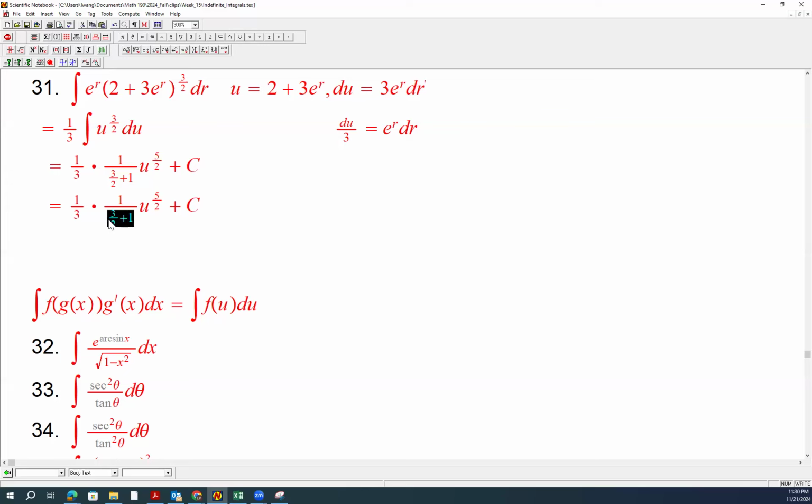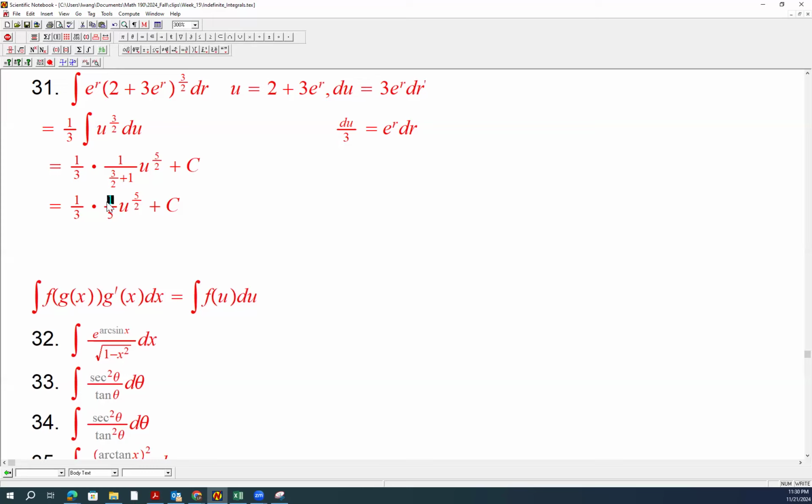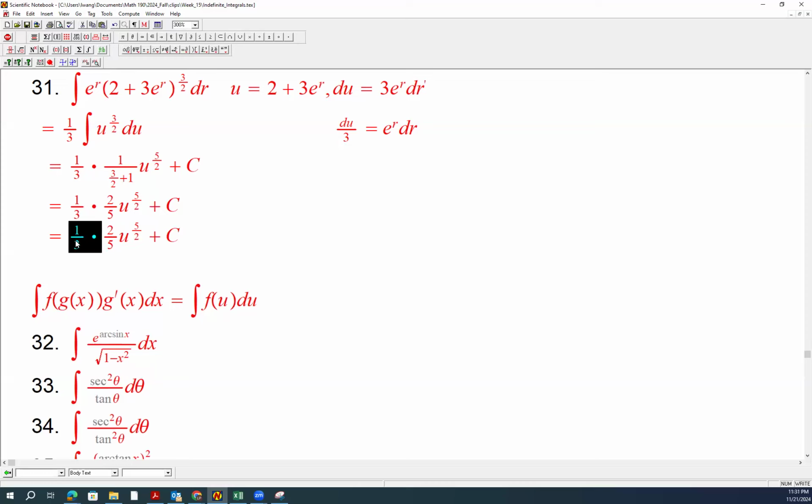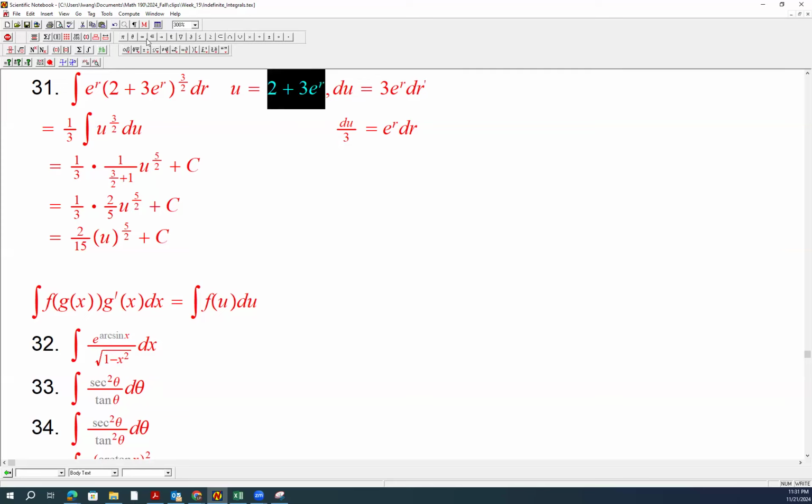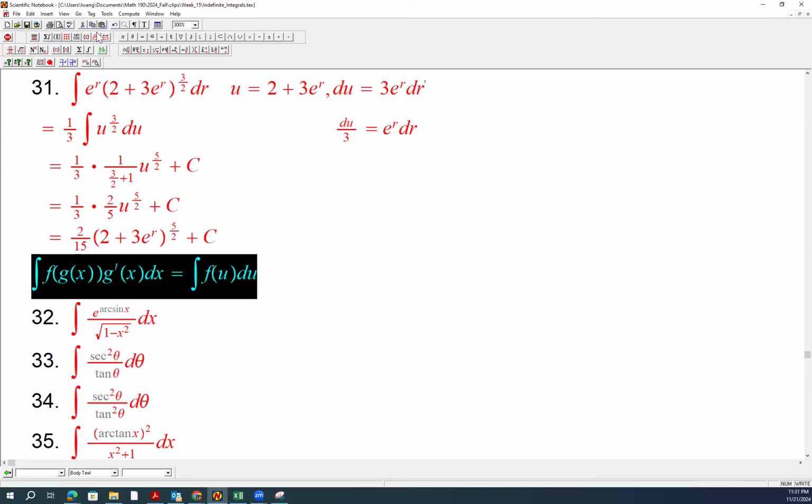So this is going to be 5/2, and 3 times 5 is 15, so 15/2. And u will be replaced by its equal, 2 plus 3 times e to the power r. Just algebraically, we need to be careful.